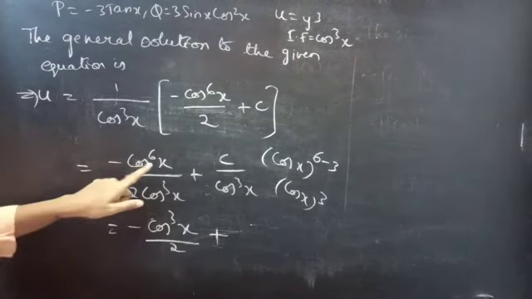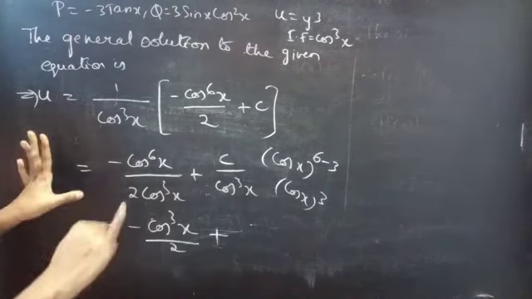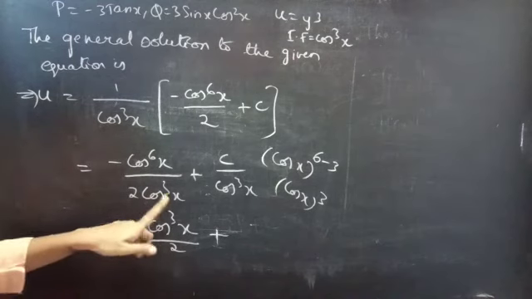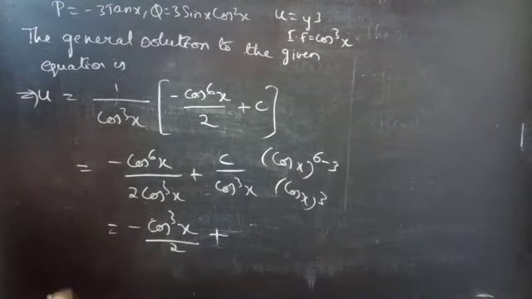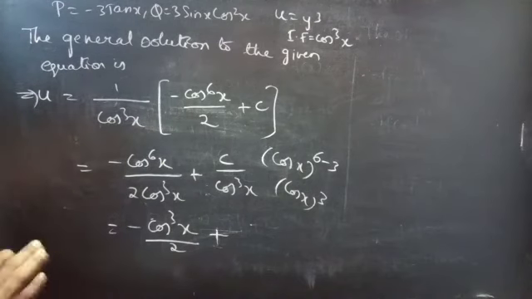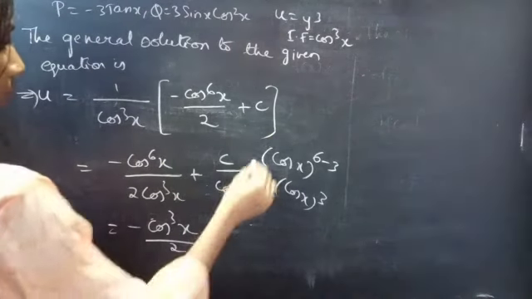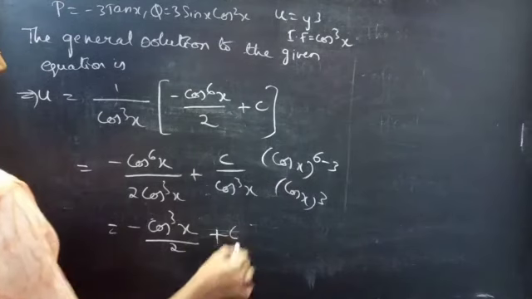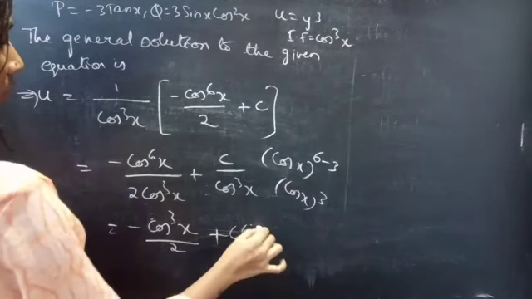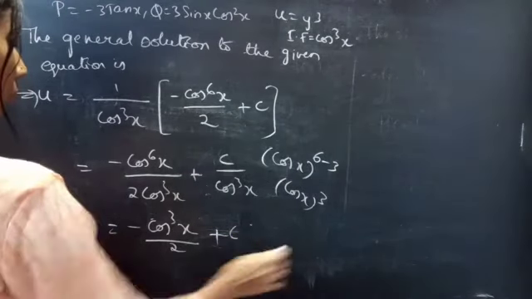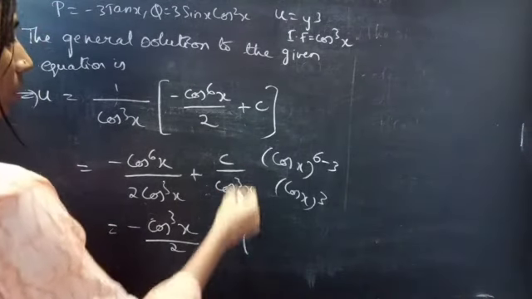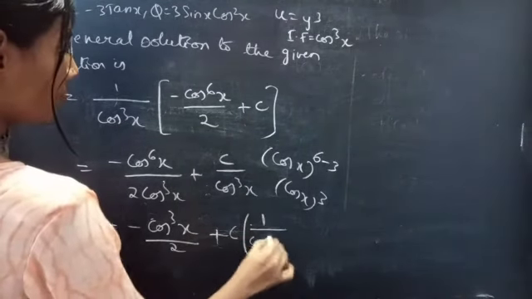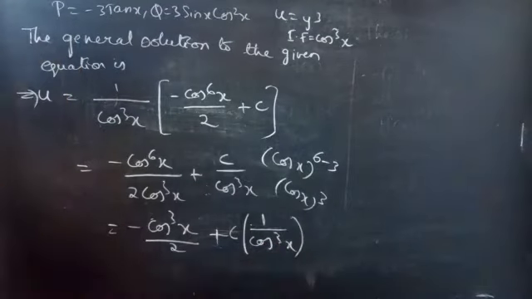In the numerator you have 6 cos x functions, and in the denominator you have 3 cos x functions, so we only cancel 3 cos x functions. Now you can write this as 1 by cos cube x.